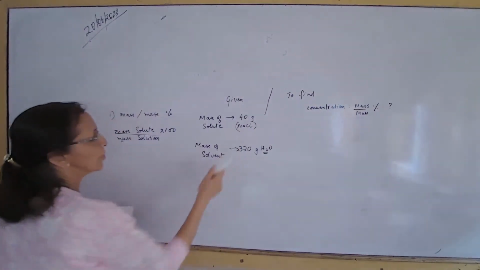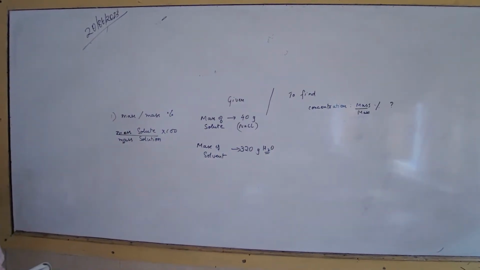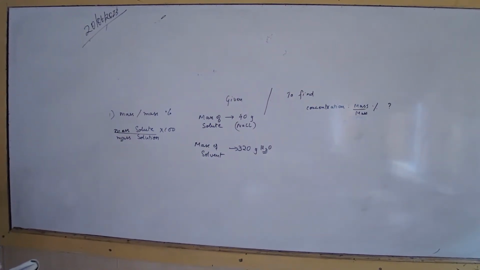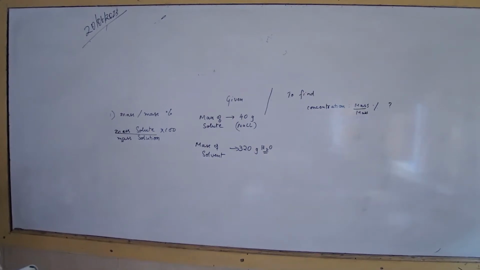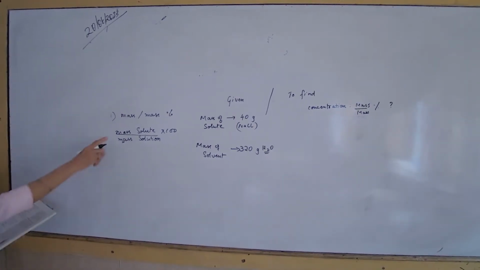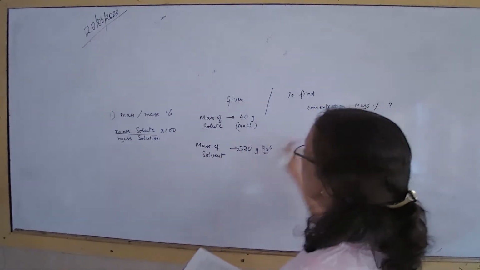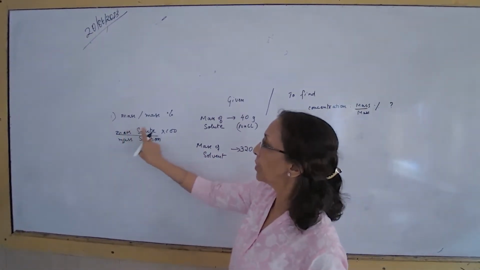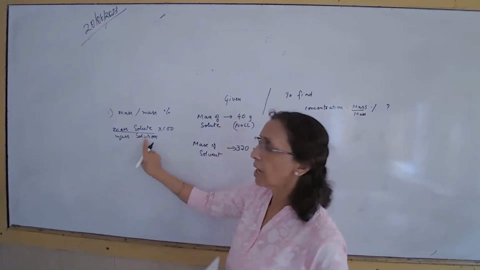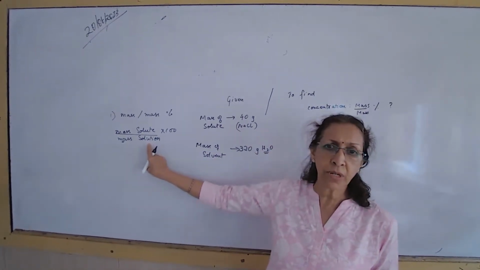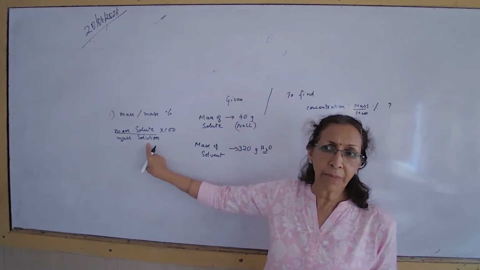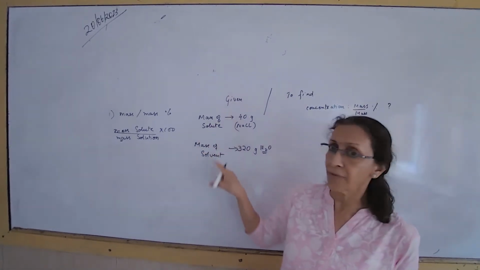Now, using these two, what is the next thing that we have to do? Obviously, we have to know the formula because they are asking you mass by mass percentage. Correct? So first one is mass of the solute divided by mass of solution. Are they given as mass of solution? They have not given mass of solution. But can we find out from this information?